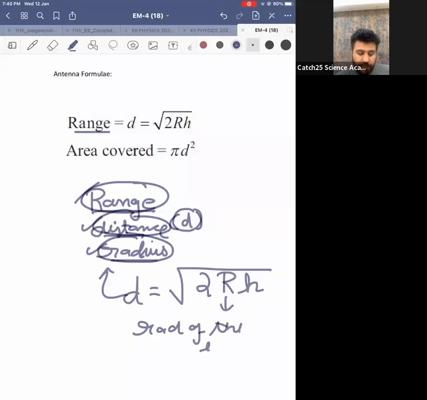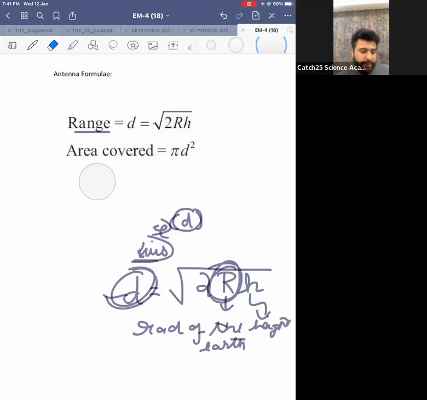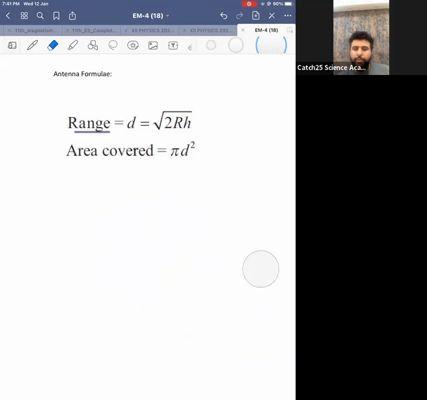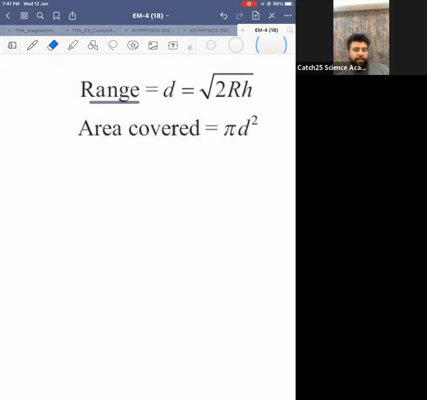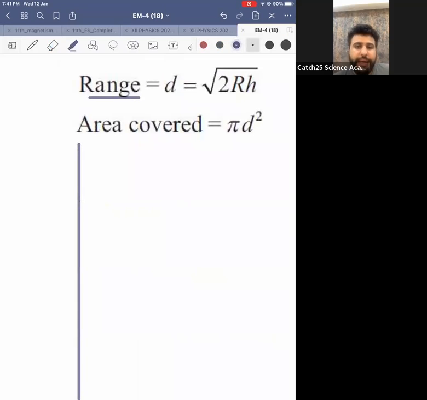Don't get confused between radius covered by an antenna, which is small letter d, and radius of the earth, which is capital letter R. H stands for height of the antenna. And radius of the earth is a constant value, it doesn't change with problems. Its value is 6,400 kilometer, but I will write it in meter because the SI unit of distance is meter.